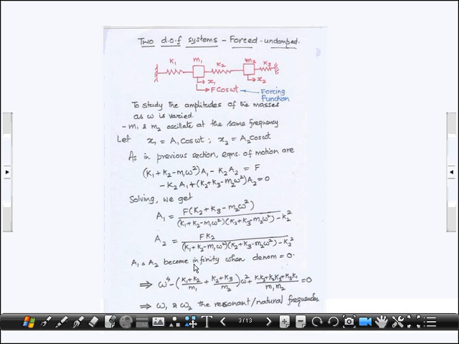When the denominator is made equal to 0, after some manipulation, it results in this frequency equation: omega to the power 4 minus (k1 plus k2 by m1 plus k2 plus k3 by m2) into omega square plus (k1 k2 plus k2 k3 plus k3 k1) by m1 m2 equal to 0. This is the same frequency equation as in the case of free vibrations. Solving this equation and taking the two positive values, we will get omega 1 and omega 2, which are the two natural frequencies.